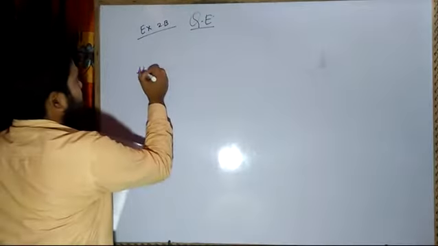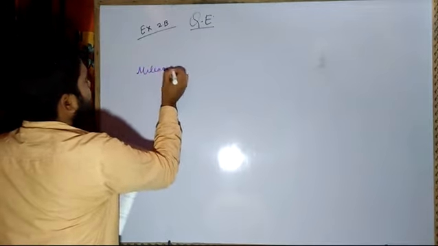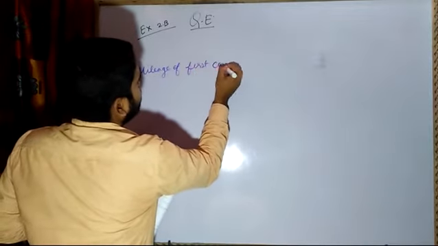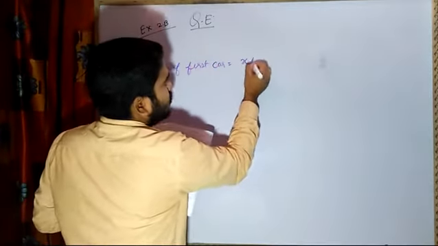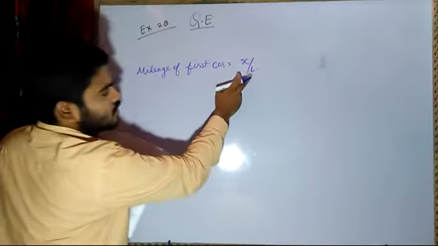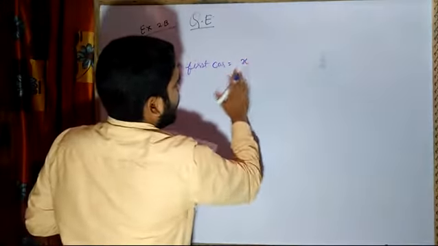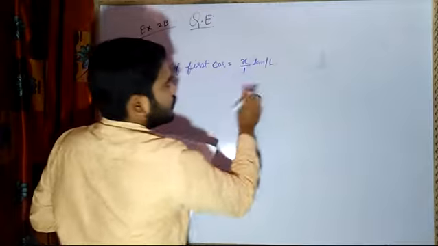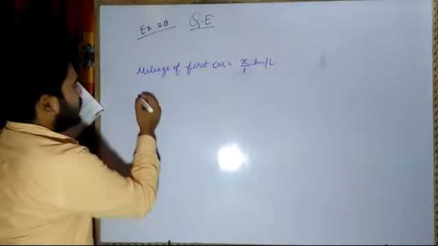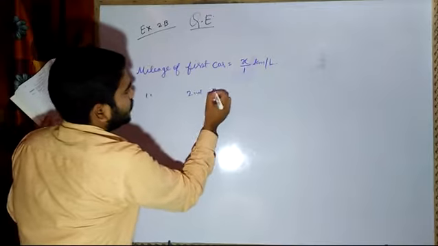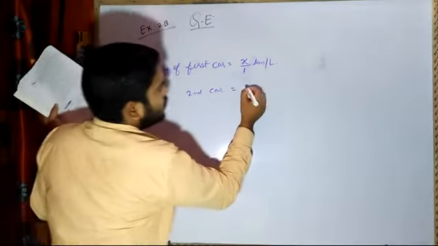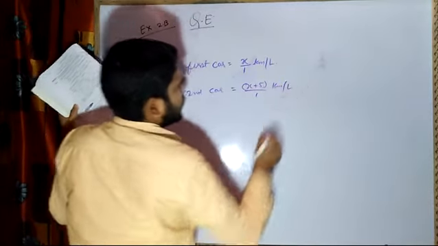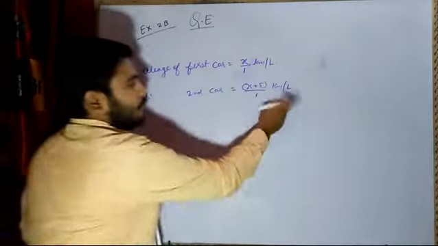So mileage of first car is equal to x kilometer per liter, x upon 1, this is kilometer per liter, right? Now the other vehicle, mileage of second car is 5 kilometer more in 1 liter. So its mileage is x plus 5 kilometer per liter.